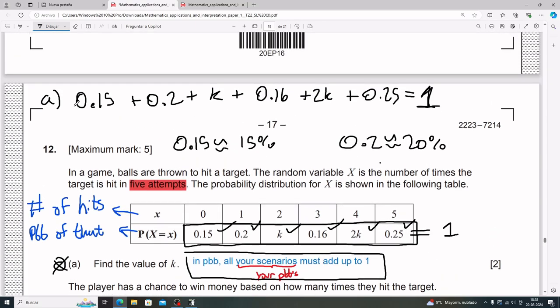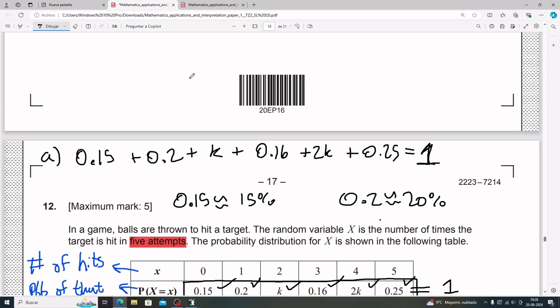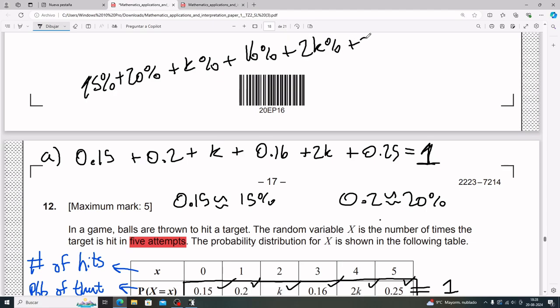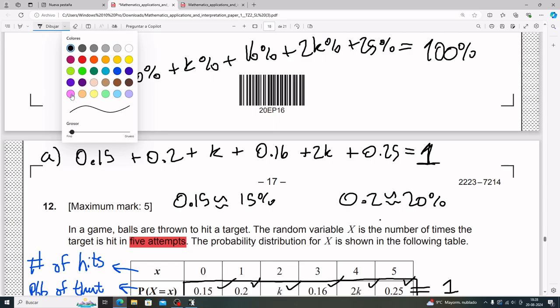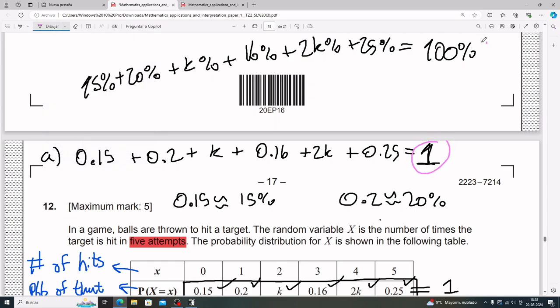And so if suddenly you look at these as percents and not decimals, what you're actually doing is adding 15% plus 20% plus some k percent plus 16% plus some 2k percent plus 25% has to equal 100%. And that's the main idea I was trying to tell you earlier. This 1 is the same as saying 100%.